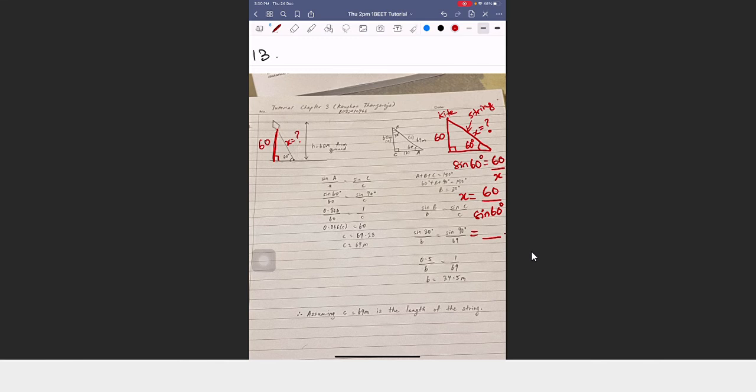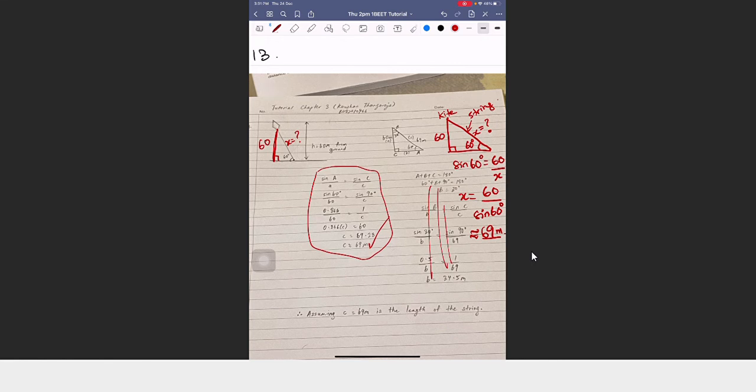Okay, so roughly 69. Which means this one is the one, so no need for this. Only this part. This one is using the law of sine. So that is question 13.